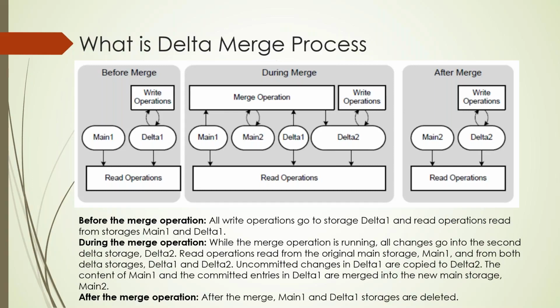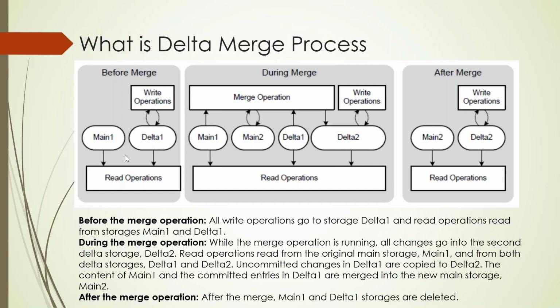Before the merge process, you have the main storage and the delta storage. All read operations will go to main and the delta, and all write operations will go into the delta storage. This is before the merge process starts.